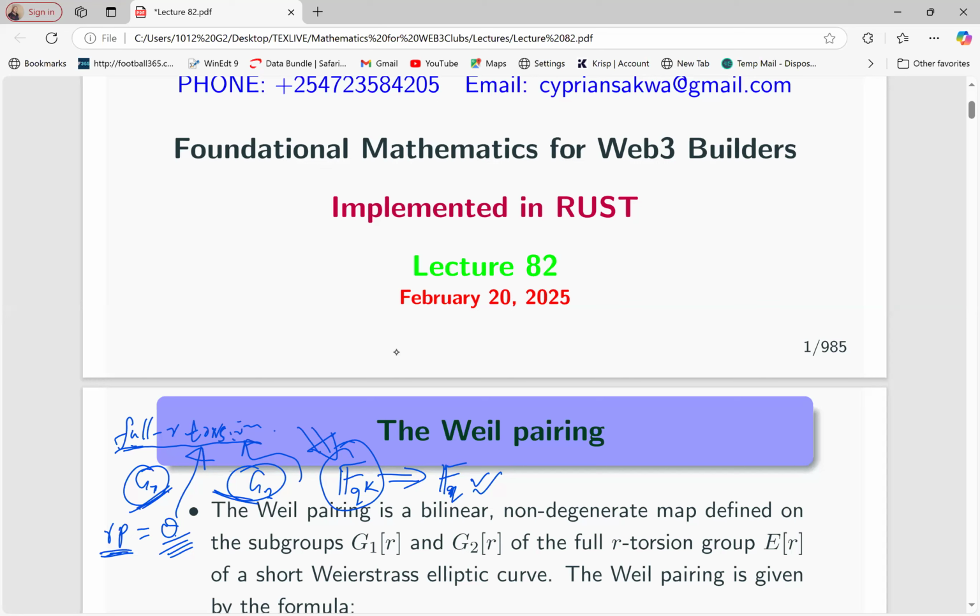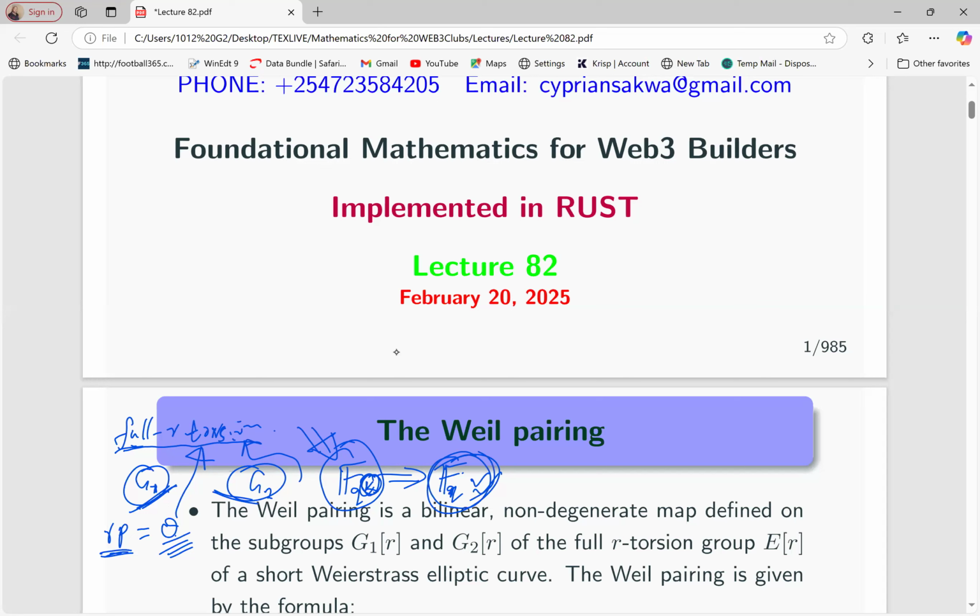How did we get G1? Supposing we go back to this K. How do we get K? First of all, we come back to this field. We find out how many elements this field has.